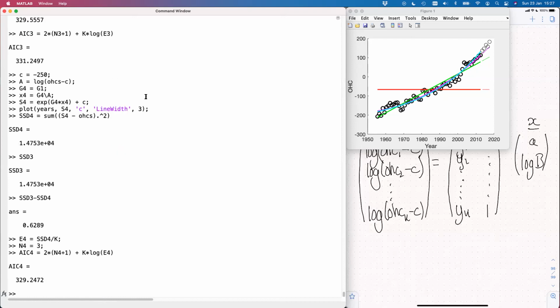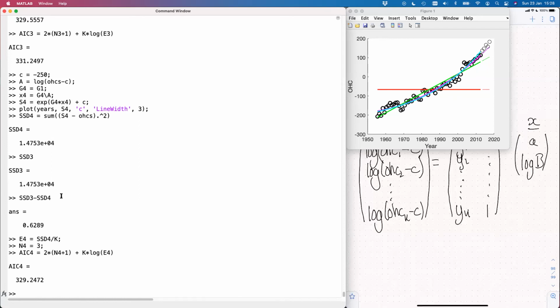And we see that that comes out now lower than either the AIC for the quadratic model, which came out as 329.5, so only very slightly lower, and of course lower than the cubic model. So overall, the AIC would select this new exponential model from this set of models.